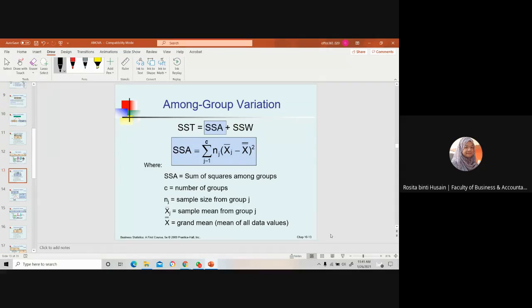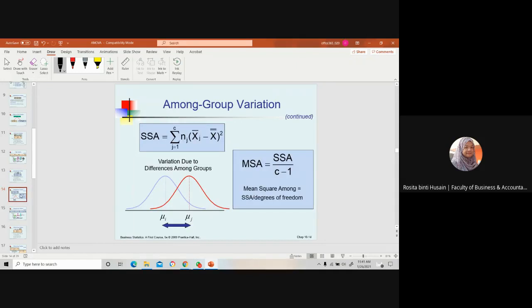X bar j is the sample mean for group j. X bar is the grand mean, squared. So what is SSA? Let's see an example. We look at the difference between groups, among groups. Mean group 1, mean group j. It wants to test these differences.